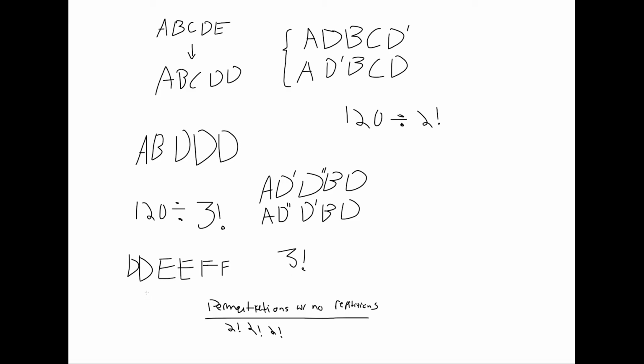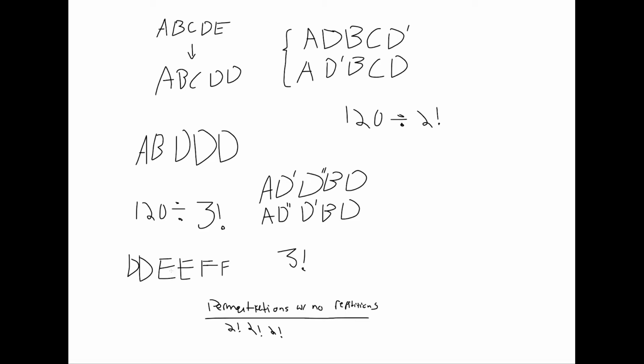So in order to calculate permutations with repetitions, what you need to do is take permutations with no repetitions, so assuming there are no repetitions at all, then divide that by however many repetitions there are of one element factorial, then divide it again by however many repetitions there are of another element factorial, and so on until you've accounted for all of the elements that are repeating.